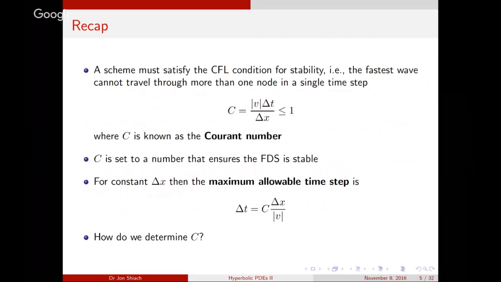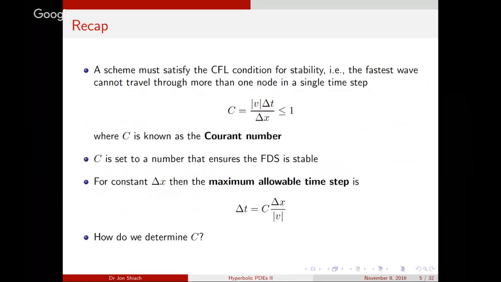And for a scheme to be stable, it must satisfy a CFL condition, which essentially is this. The absolute value of your velocity multiplied by delta t divided by delta x has to be less than or equal to 1.